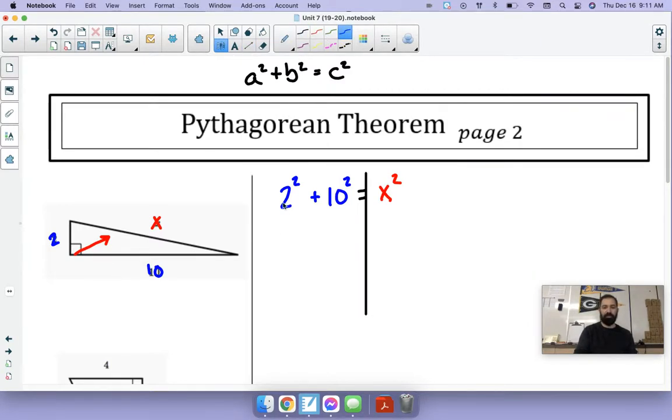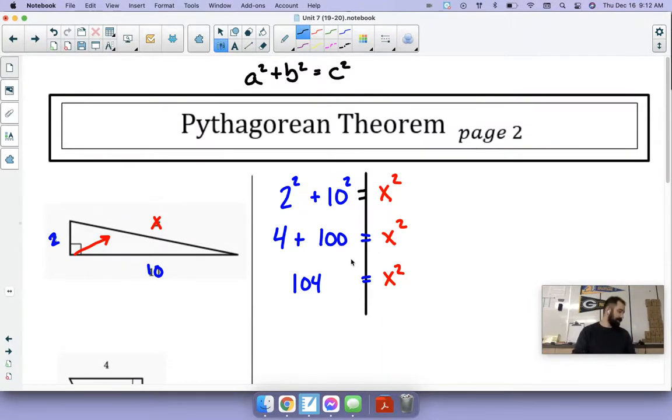Let's simplify. 2 squared is 4, 10 squared is 100, and that should equal x squared. 4 plus 100 is 104, still equals x squared.